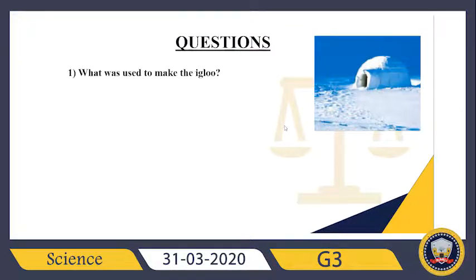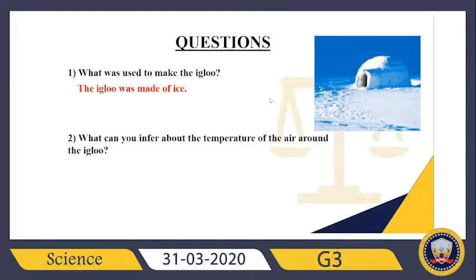Let's check my questions. It says, what was used to make the igloo? How can it stay like this? I know the igloo was made of ice, right? Ice, remember. So ice is solid, not liquid. Check the second question. It's asking, what can you infer about the temperature of the air around the igloo?